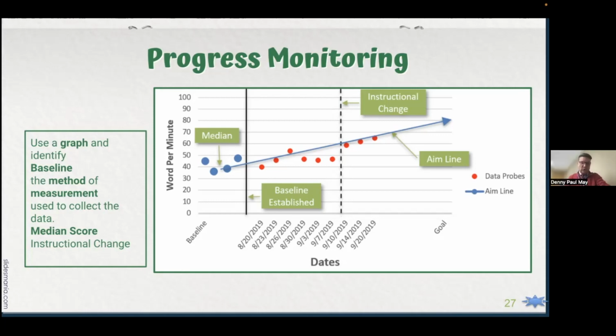So if we're doing reading words per minute, we can see that this student is going to be somewhere around 40, and they're trying to get to 80, right? Because that's the aim line. That's the expected rate of progress, and we can see that as an ascending line. We can also see that when we start to put those data points in, they're taking data here inconsistently.